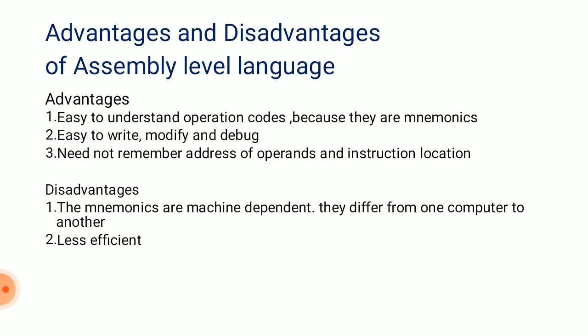So here in assembly level language, whatever the instructions and symbols we are using, those symbols are different from one computer to another. So the instructions are machine dependent, and it is very less efficient than the machine level language. So these are the advantages and disadvantages.